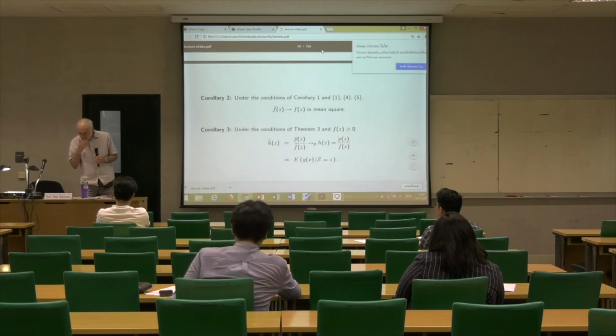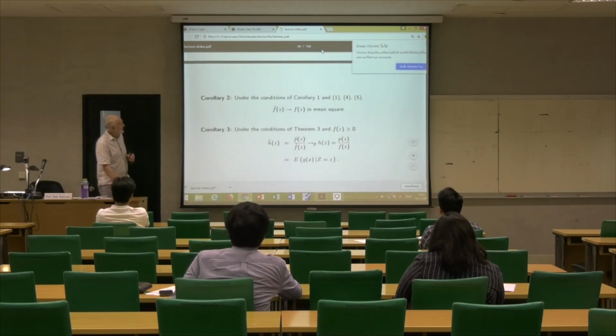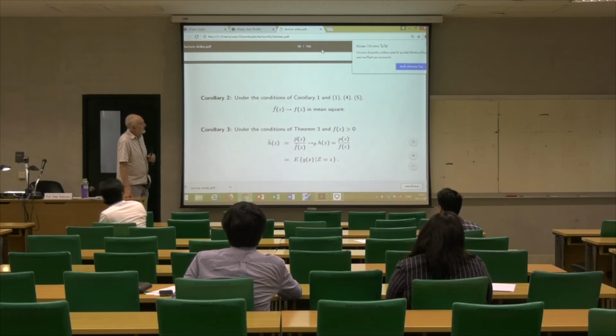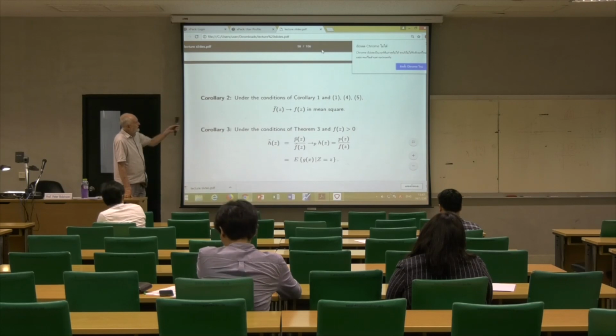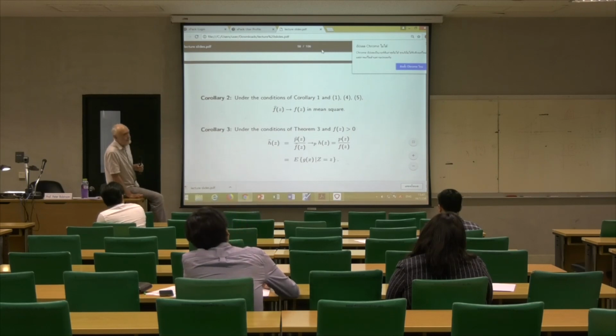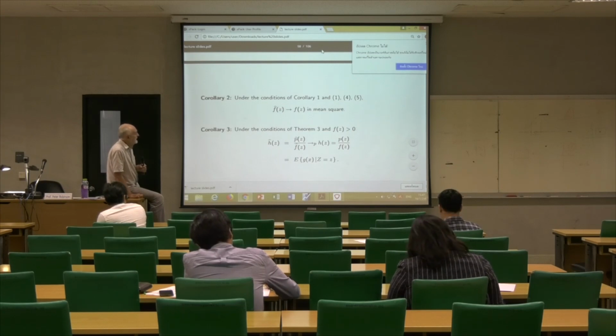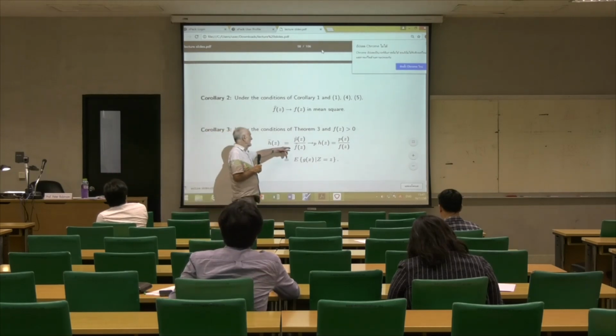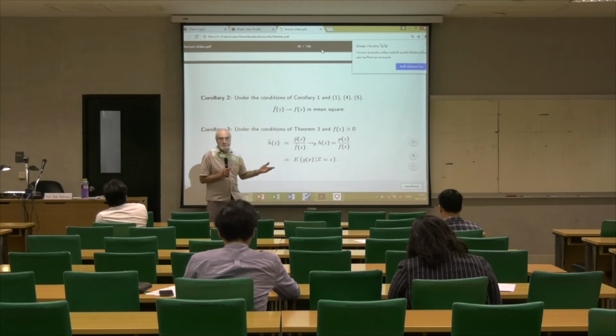All right. So we can have a couple of corollaries from this result. Under the conditions, we get convergence in mean square, therefore in probability, of the kernel density estimate. And then also, we show consistency separately in numerator and denominator and use Slutsky's theorem.